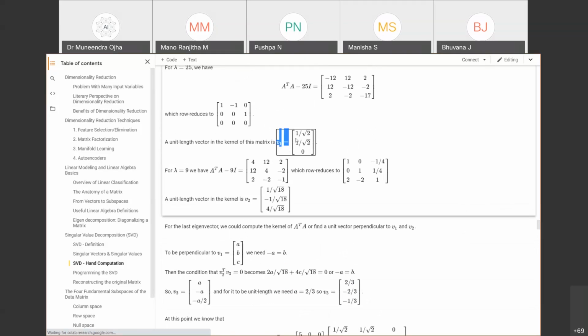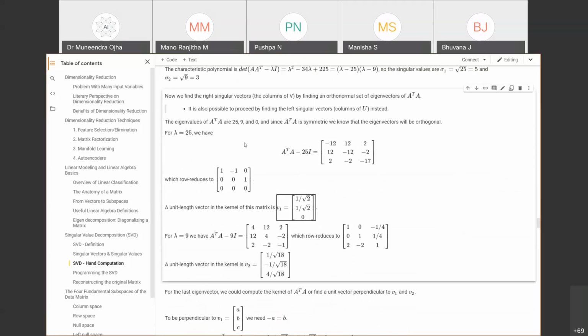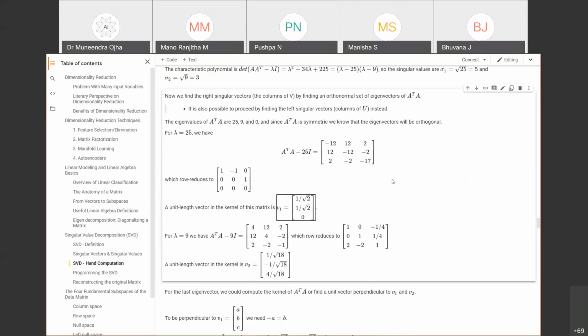V1 is 1 by root 2, 1 by root 2, 0. V2 is 1 by root 18, minus 1 by root 18, and 4 by root 18. And V3 will not be part of U, because U is from AAT and AAT has only two eigenvalues, so two eigenvectors, while ATA has three eigenvalues, 25, 9 and 0.